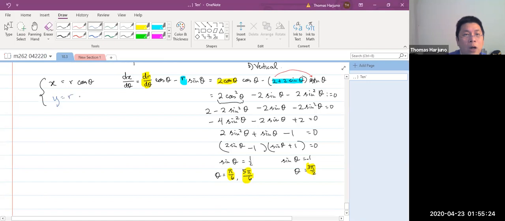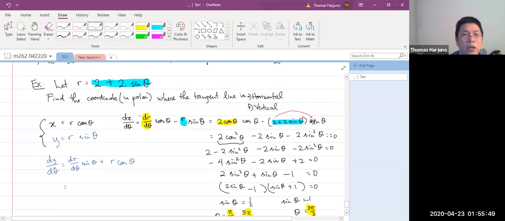y equals r sinθ. So dy/dθ equals dr/dθ sinθ plus r cosθ. The derivative of r with respect to θ is 2 cosθ.